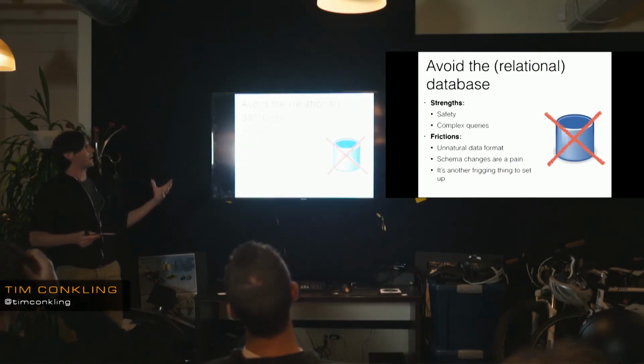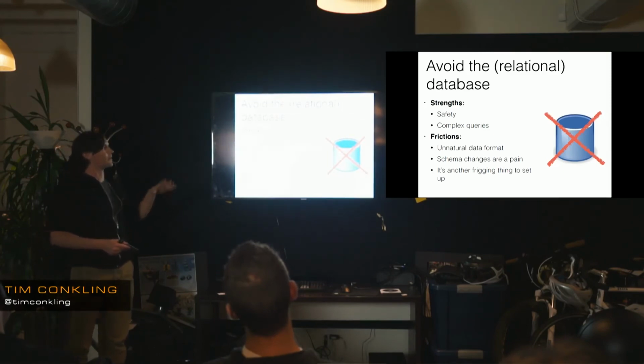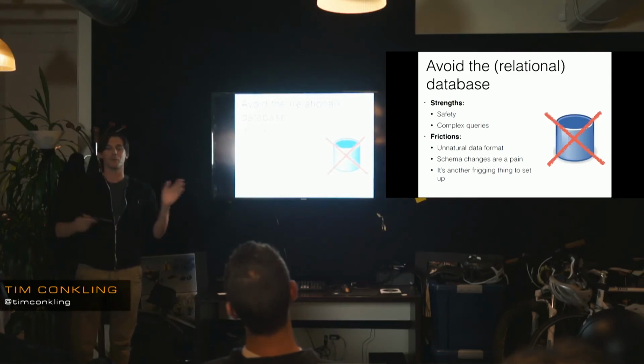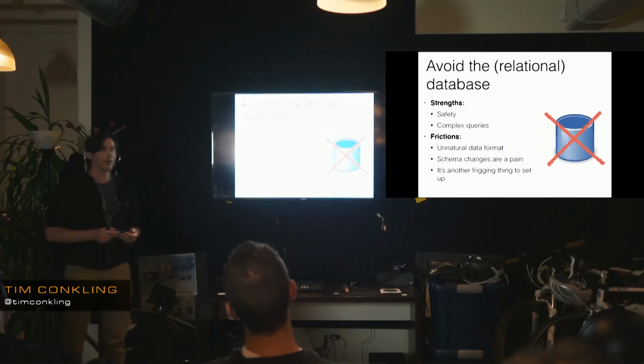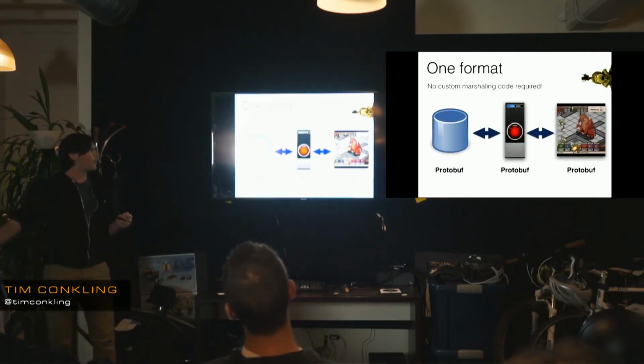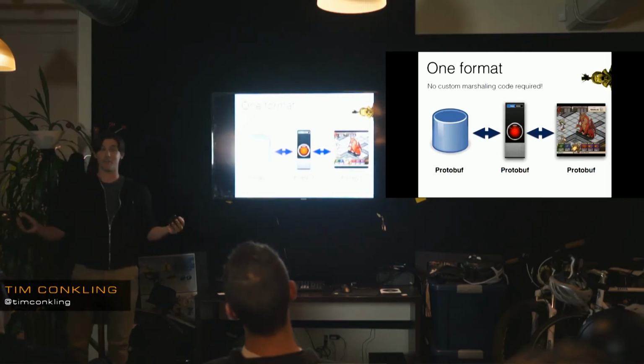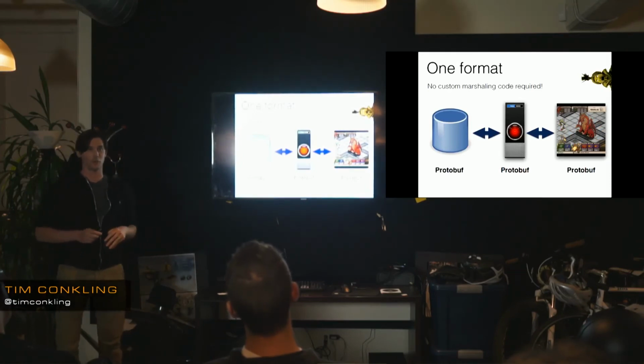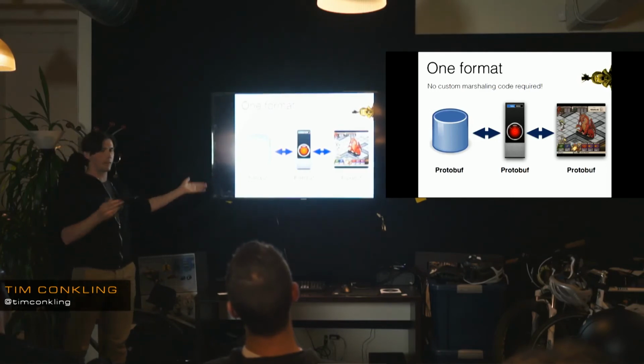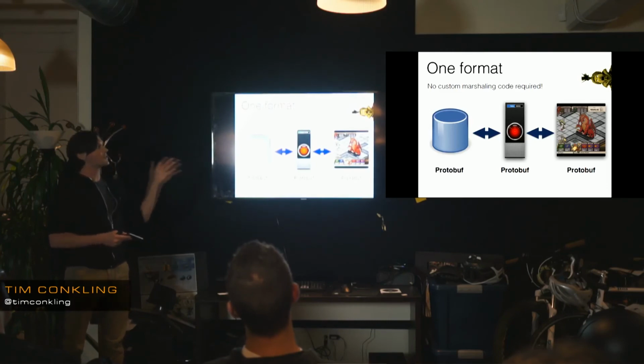The second part of avoiding this friction is avoiding databases altogether. Databases are good for a number of reasons, but when you're prototyping, none of those reasons really matter. So I will argue that you should not use a database at all, if possible, when you are prototyping your multiplayer game, and instead use Protobuf, or something like Protobuf, as the data format for each component of your game.